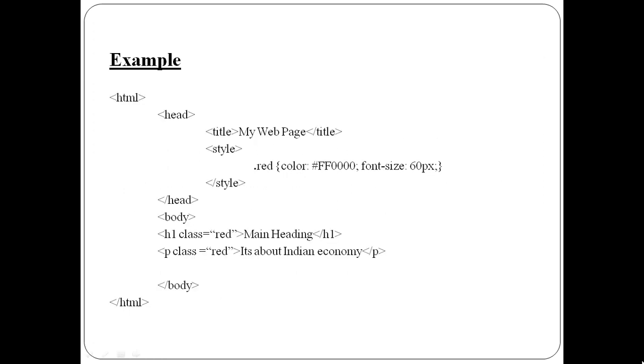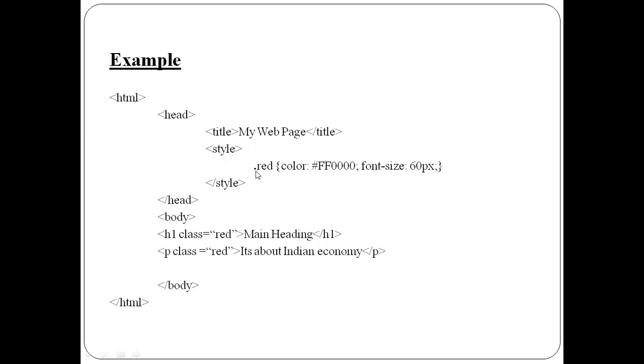Here is an example. In this example, we have two contents, one is an H1 and another one is a P. In both the HTML elements, we have specified the class name as red. And then to style this class, we have to specify the definition. The definition we have given in the style tag as an internal style sheet.